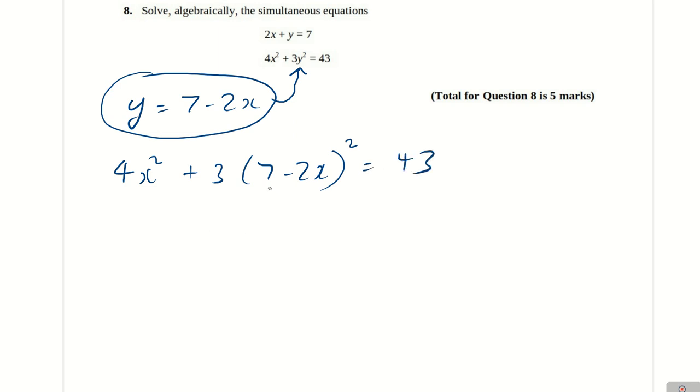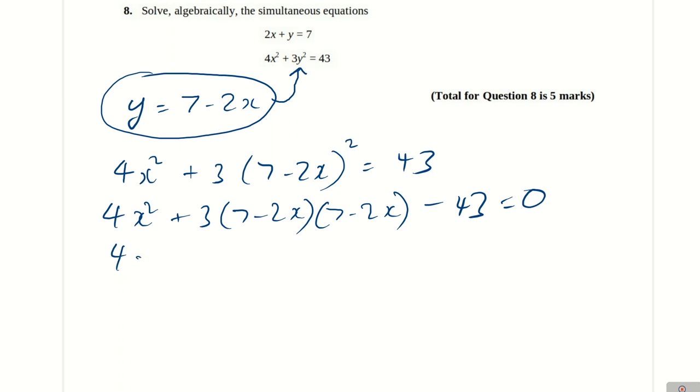I'm afraid we're going to have to go through and expand it all out and then collect like terms. So we get 4x squared plus 3 lots of (7 minus 2x)(7 minus 2x) minus 43 equals 0. 7 sevens are 49, minus 14x and minus another 14x gives us minus 28x, and minus 2x times minus 2x is plus 4x squared.